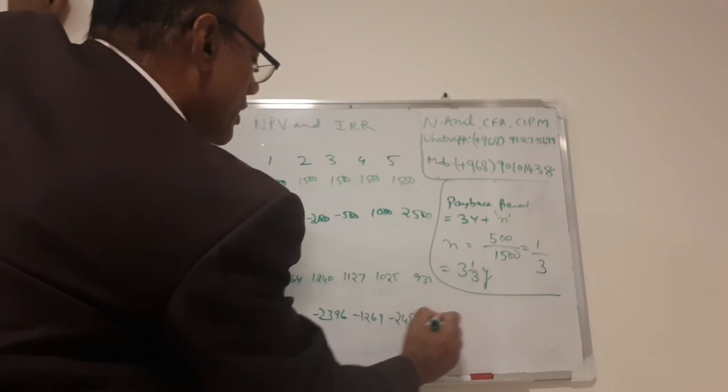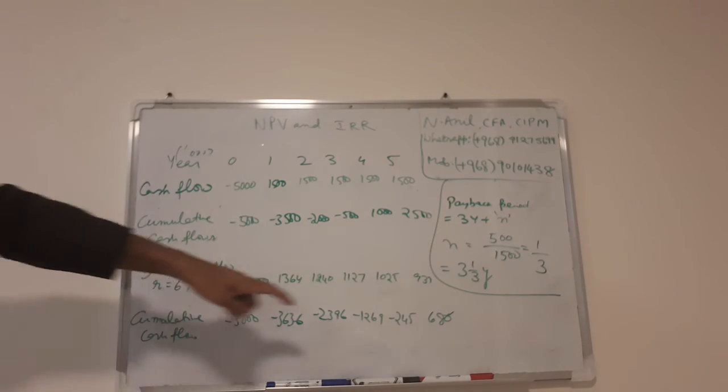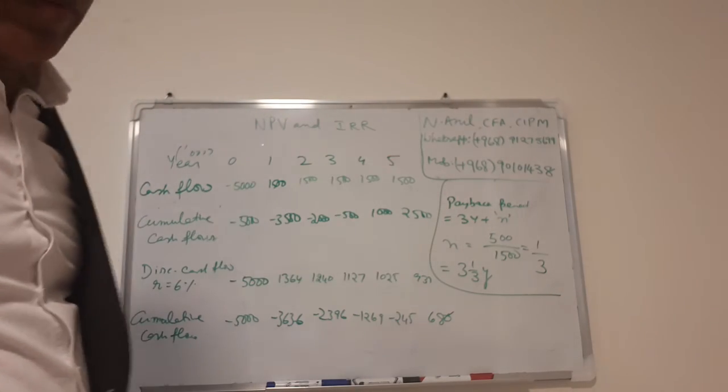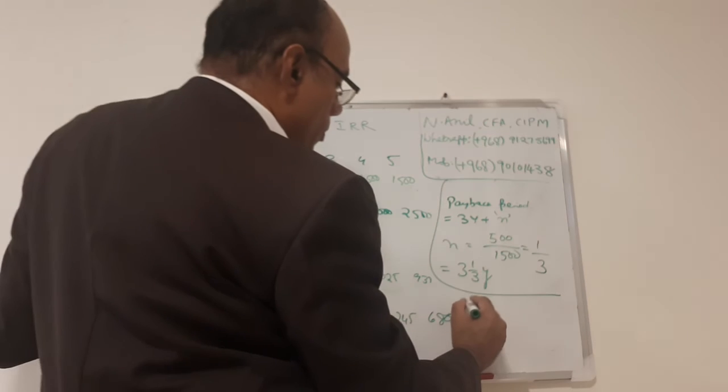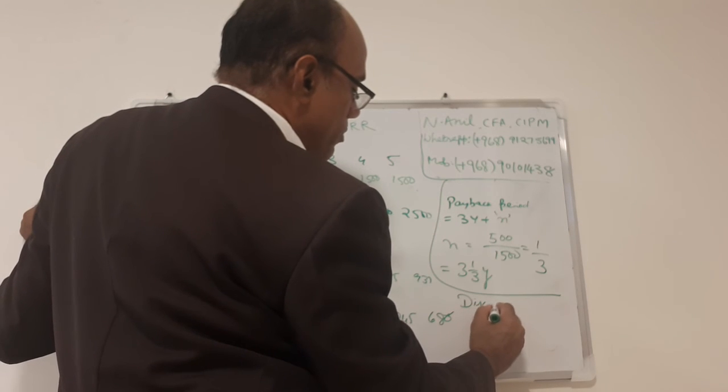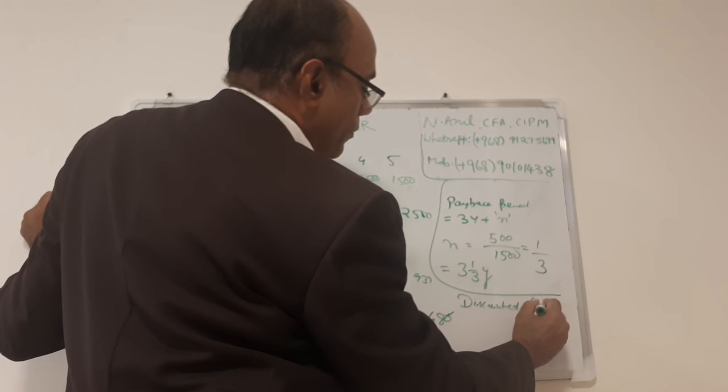So here it is becoming positive, that you recover this between year 4 and 5. So the discounted payback period is between year 4 and 5.